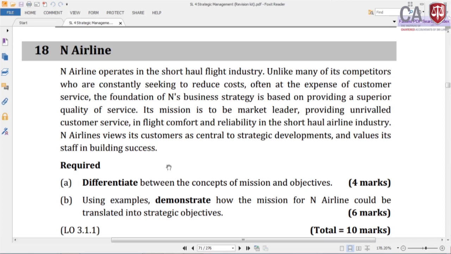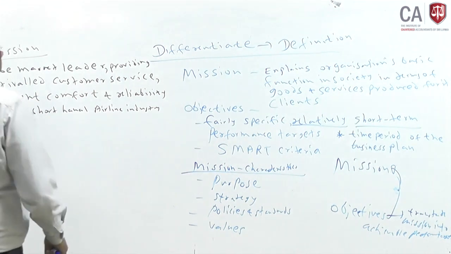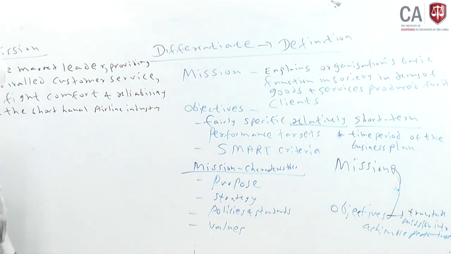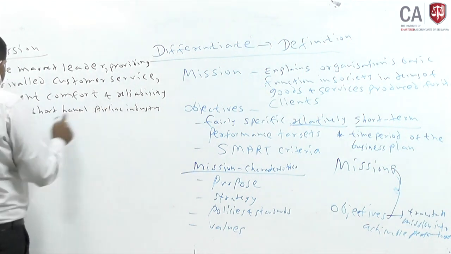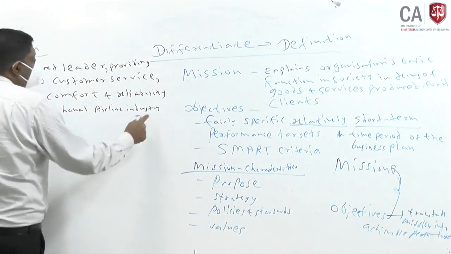If you go through the facts given, one of the things is to provide a superior quality of service. That is one of the areas they are focusing on. So, look at this mission carefully: to be a market leader providing unrivaled customer service in flight comfort and reliability in the short-haul airline industry.